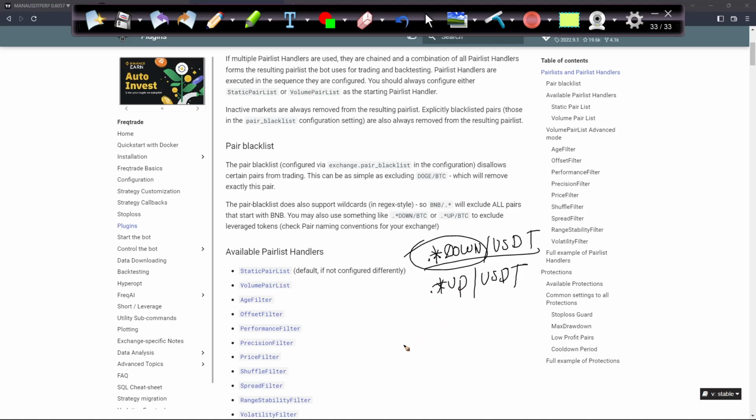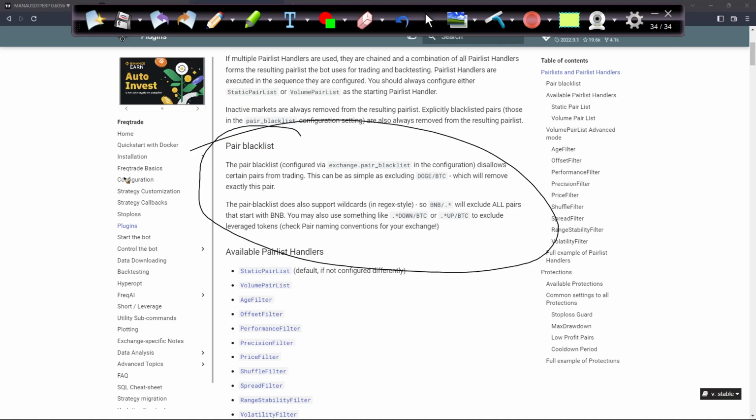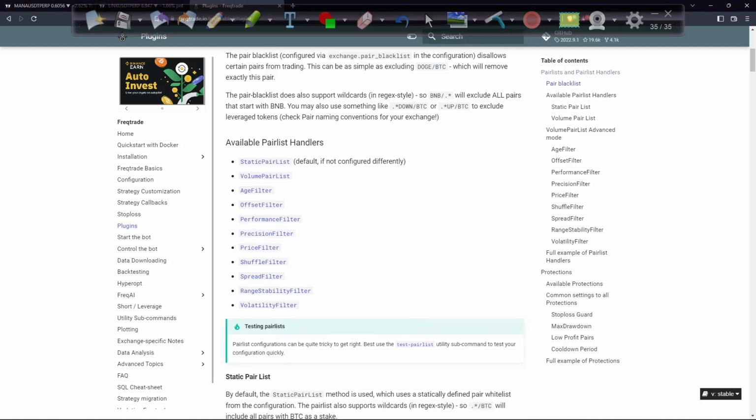So it will filter out, for example, BTC DOWN USDT, so it will not trade this pair. The same goes for Ethereum and other leverage tokens. That's why it is very important that you have certain coin pairs in your blacklist, because we want to filter all those shit coins out there.